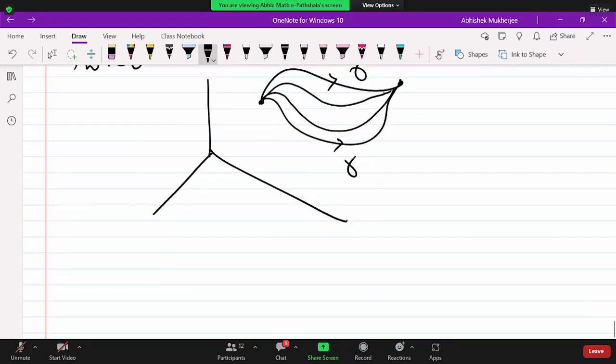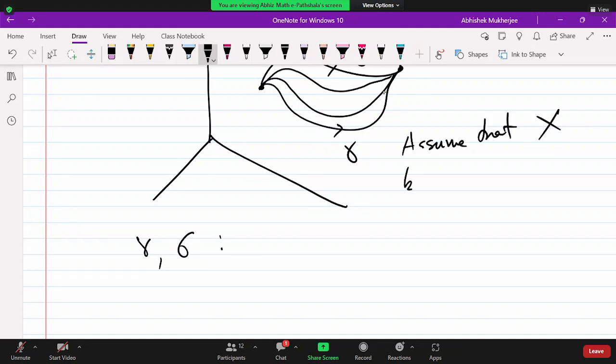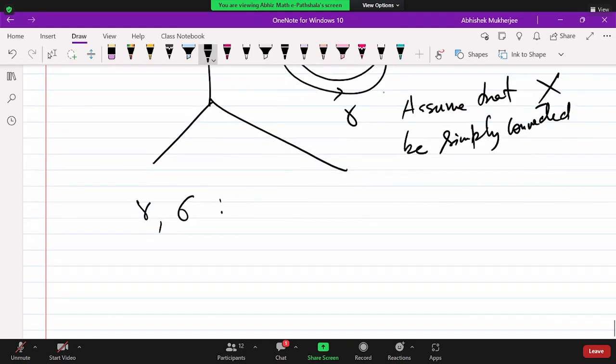Why? What is the reason? Suppose gamma and sigma are two paths in a simply connected space, and you are choosing two paths having the same terminal points.